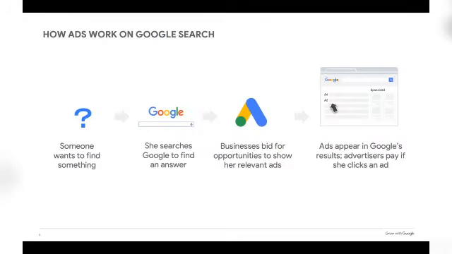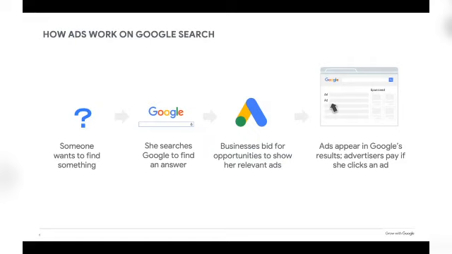Google shows a search results page, which is a list of websites and info resources related to the search, including relevant ads. Now, these ads are chosen by an advertiser auction that runs in real time. In a matter of milliseconds, Google will determine the auction winner and display it on the search results page.